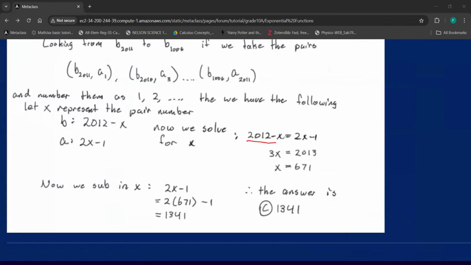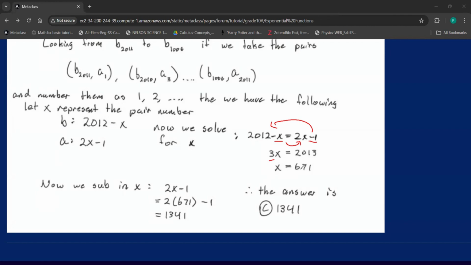So we have 2012 minus x must equal 2x minus 1. We bring this x over here. So now that becomes 3x is equal to, we also move this one over here, add it to 2012. So we have 3x is equal to 2013. And so x is equal to 671.